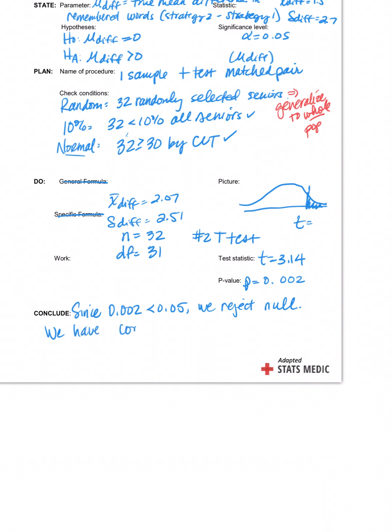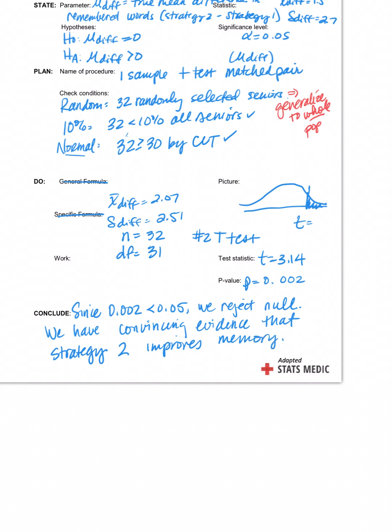We have convincing evidence that I can go back and state it like I did with the true mean difference of the range strategy, or I can just make it make sense like this. We have evidence that strategy 2 improves the memory.